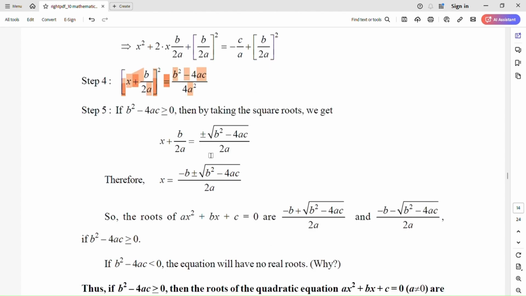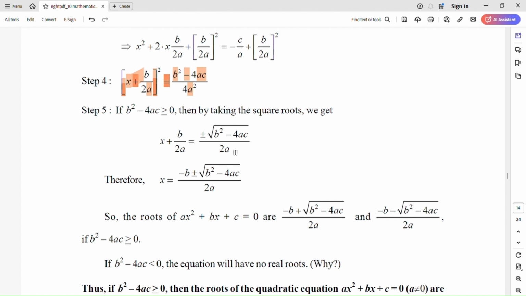Now if you take the square root on both sides, what we will get is x plus b by 2a equal to plus or minus square root of (b square minus 4ac) by 2a.